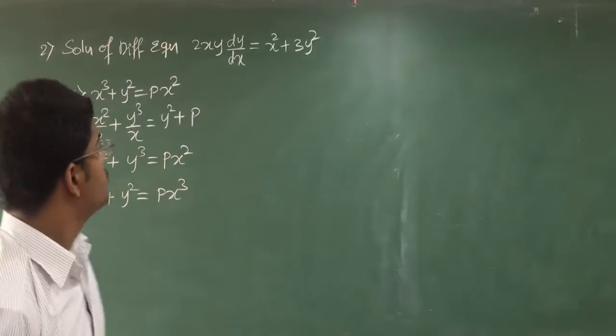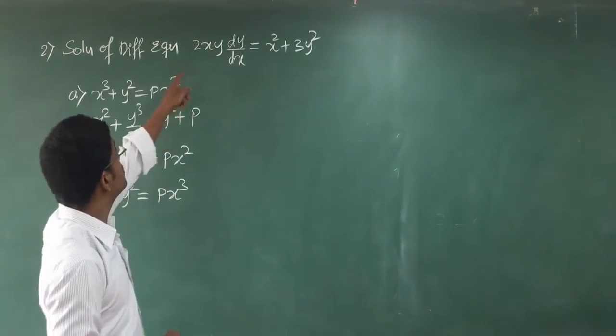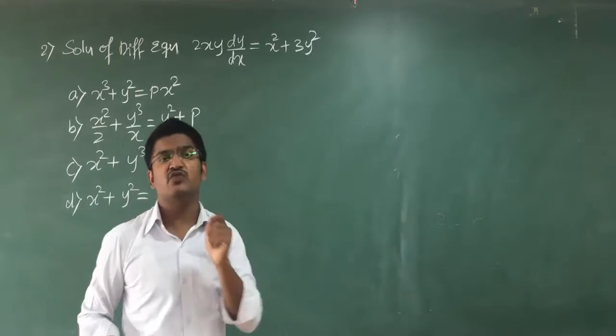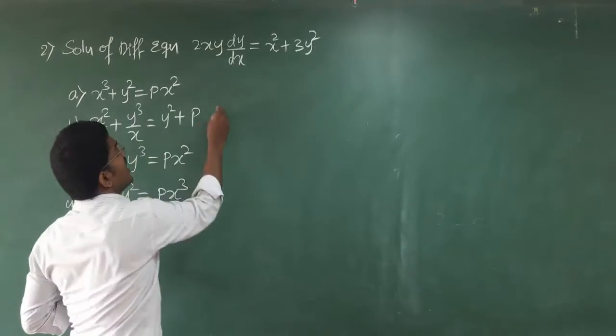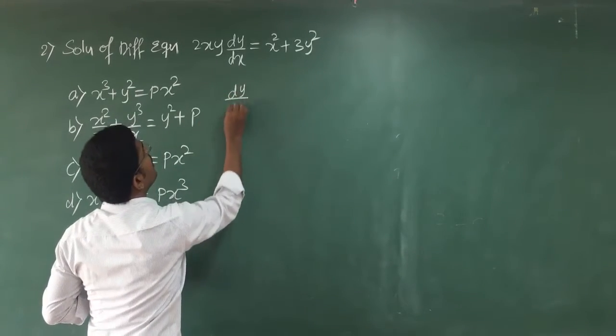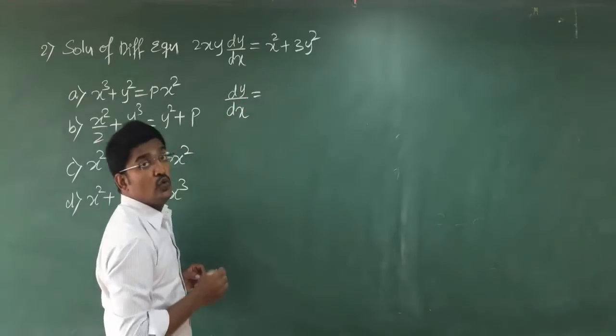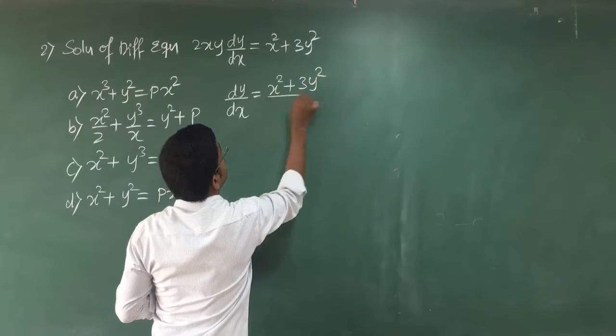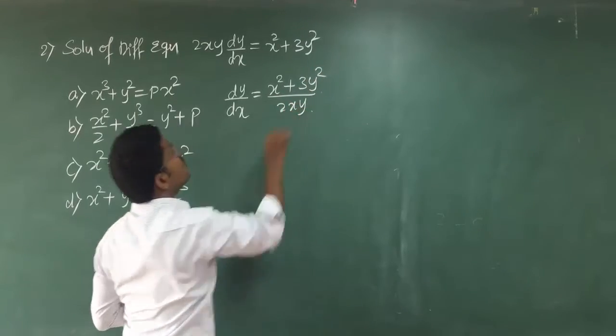So the given differential equation is 2xy dy by dx equal to x square plus 3y square. This can be written as dy by dx equal to x square plus 3y square divided by 2xy.